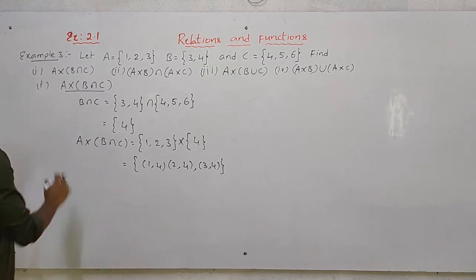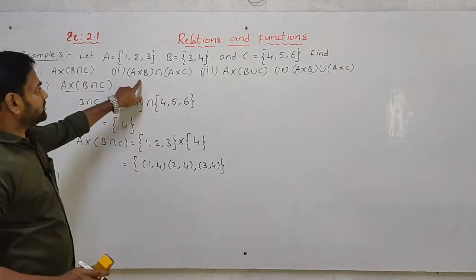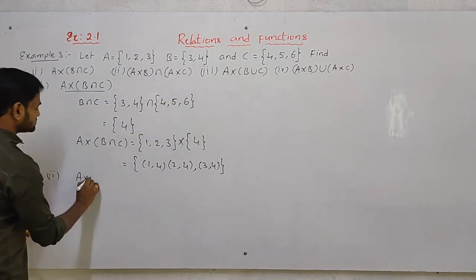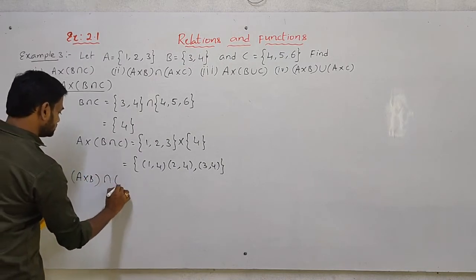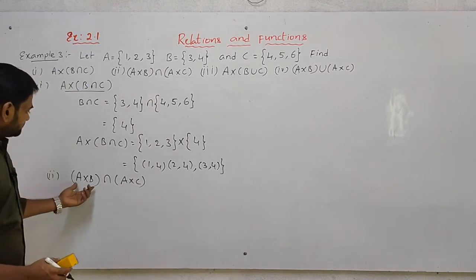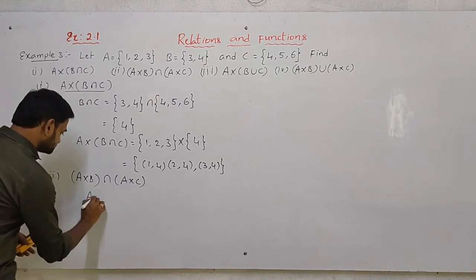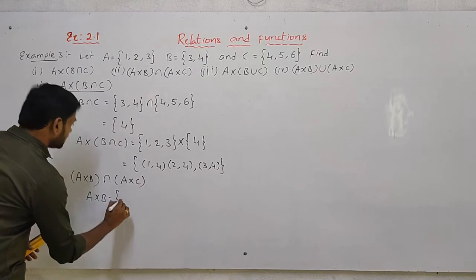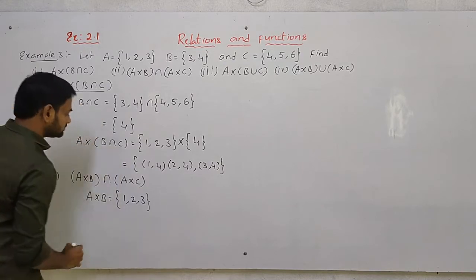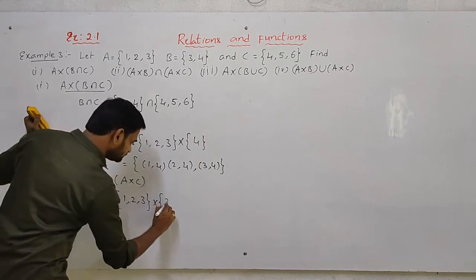Next, see, the second problem is A cross B intersection A cross C. Here, A cross B means, first I am finding A cross B. What is the A? A is {1, 2, 3}. Cross. What is the B? B is {3, 4}.